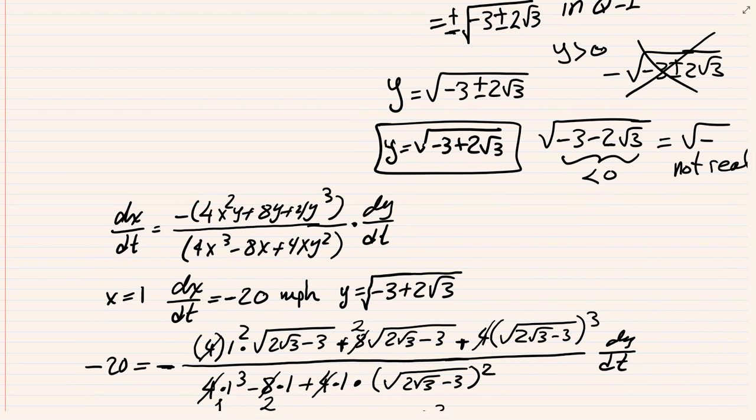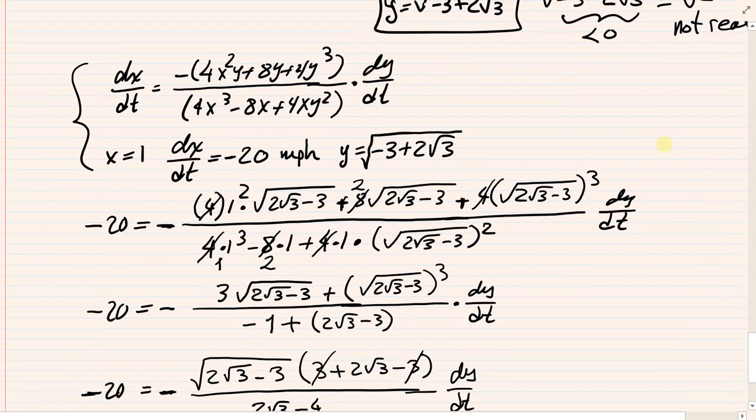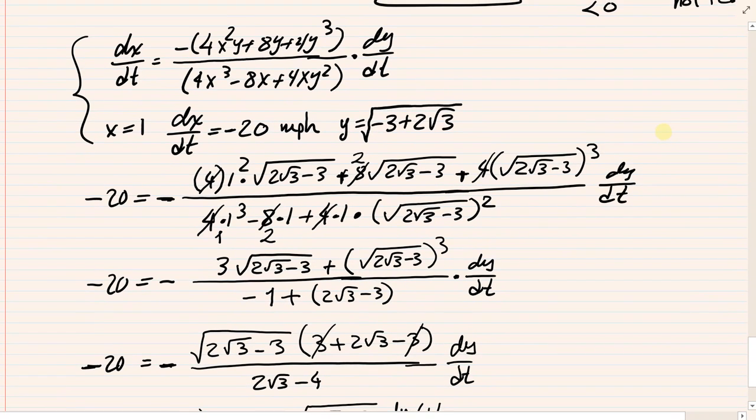I copied the formula. These two pieces I copied from a step above. And then I went ahead and plugged the numbers in. So it's direct substitution for x and y. I put in 1 for x, and the radical negative 3 plus 2 root 3, I plugged in for y. And then the rest is just algebraic simplification.